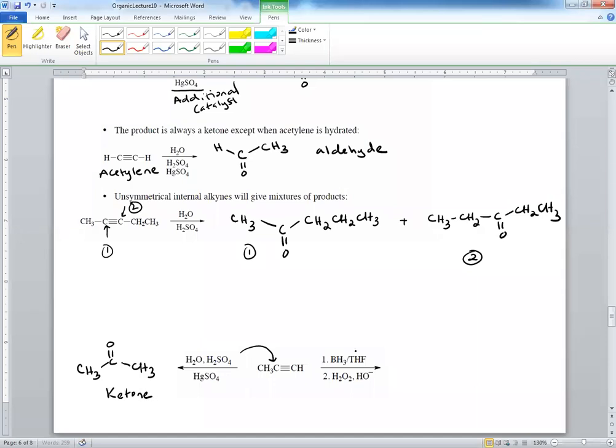However, as you saw with hydroboration, you will actually form the aldehyde. So it's, in a sense, the anti-Markovnikov. So you will have right there. So be aware of the differences between these two reactions.